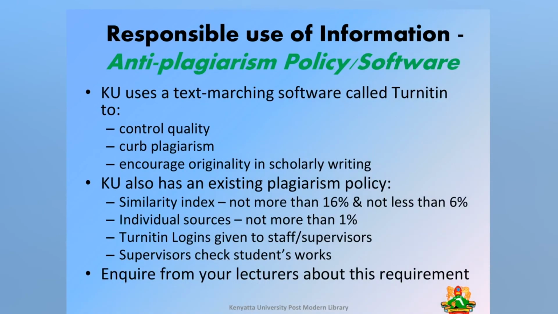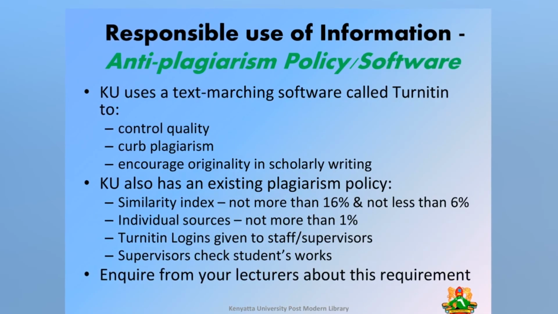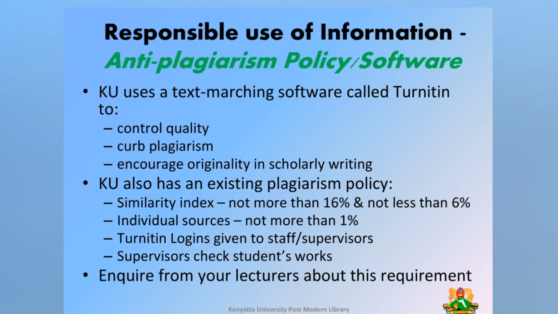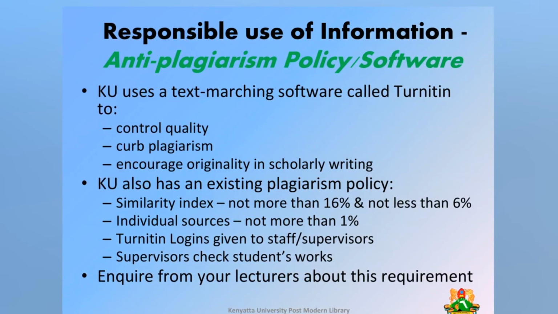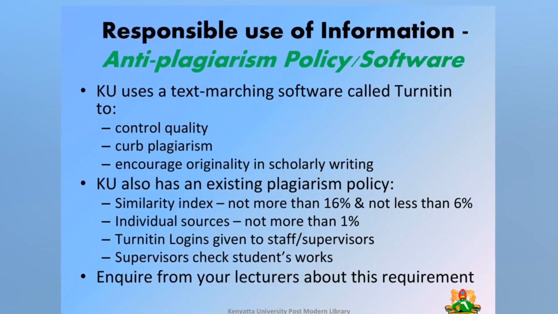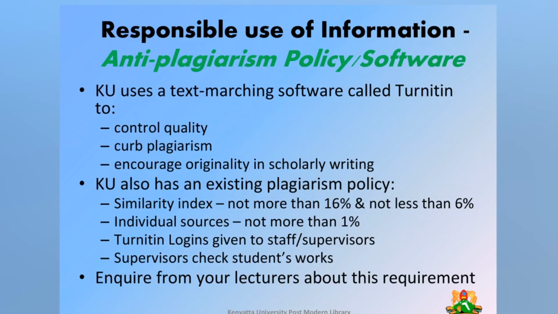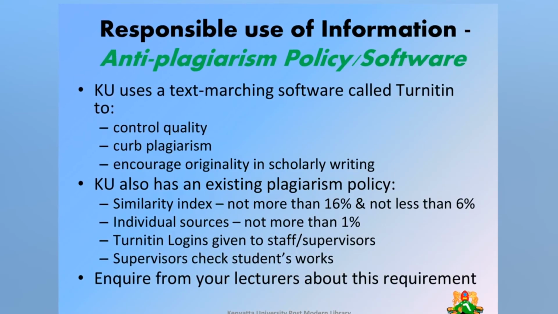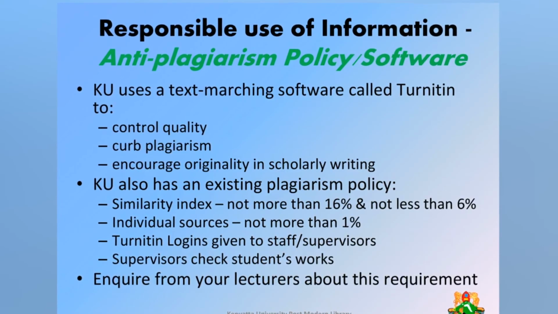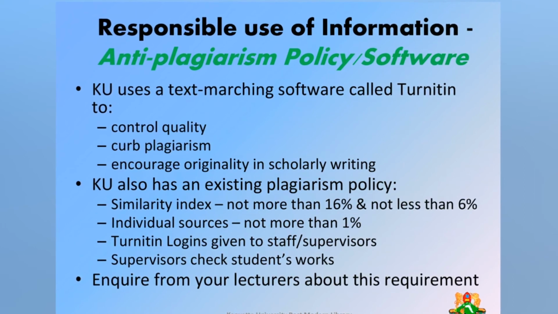We have an anti-plagiarism policy and software in place, which are also very useful in the responsible use of information. KU uses a text matching software called Turnitin to control quality, curb plagiarism, and encourage originality in scholarly writing.